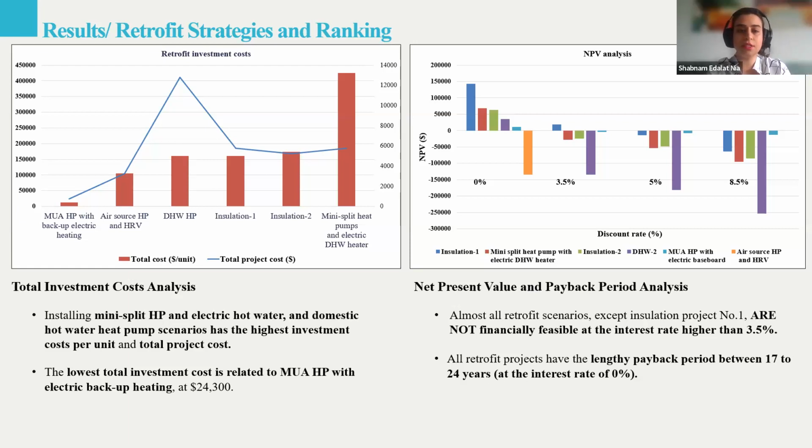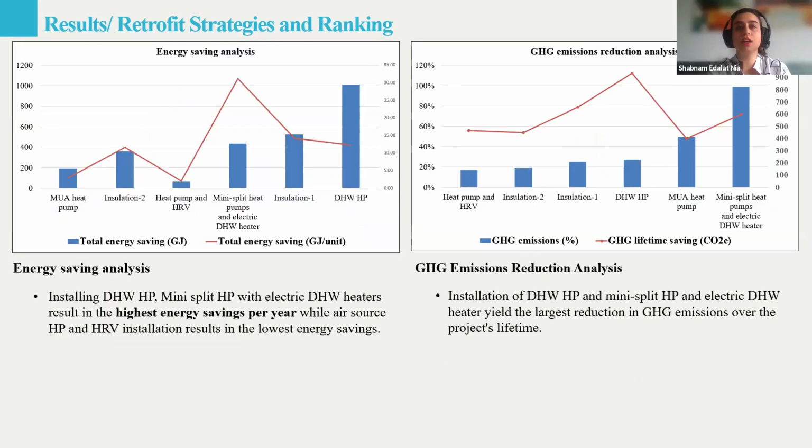But it's really necessary that we look at the environmental indicators and the environmental benefits of this retrofit, as energy saving analysis and greenhouse gas emission reduction shows that the installation of mini split heat pumps can save a larger portion of energy and can reduce almost 99% of the greenhouse gas emissions from buildings.